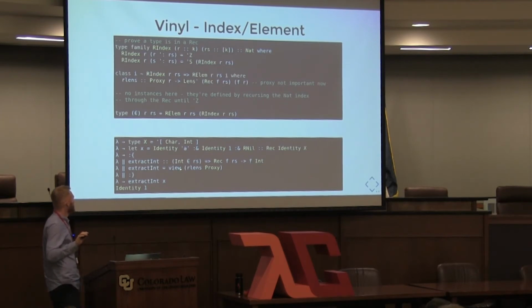And that's just this very simple incantation of view our lens proxy. So if we extract int on our X, we get that identity field that we supplied when we created the value.